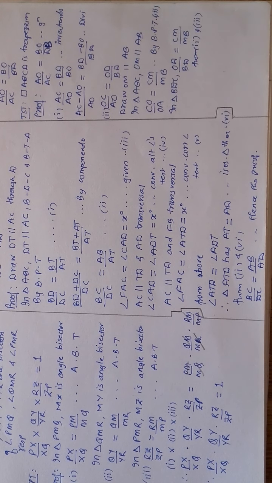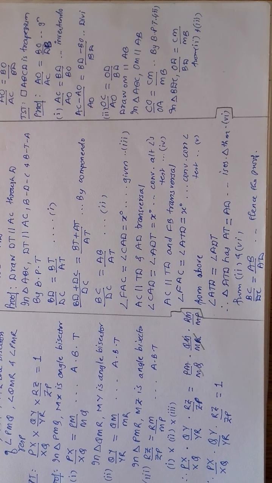Now in this triangle, which you have alongside your figure, you have triangle BDC in which the ratio OD is to BD is equal to CM is to BM.